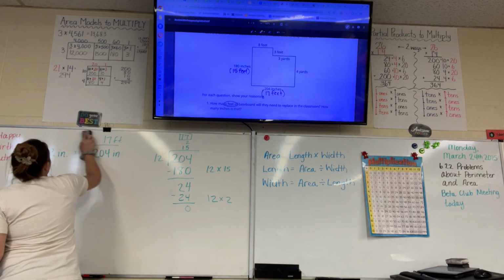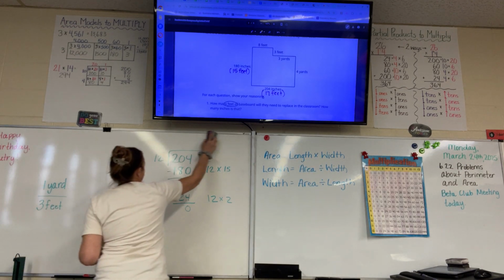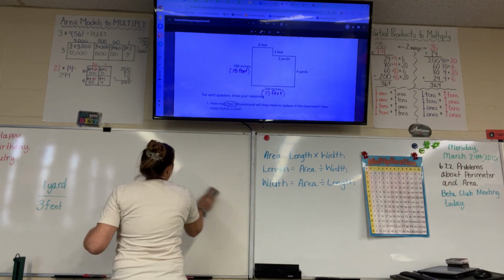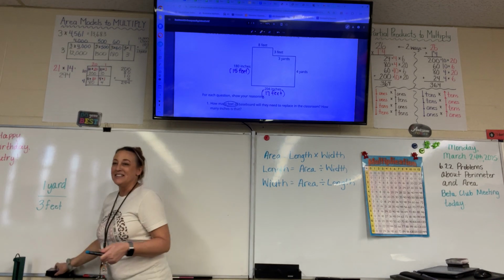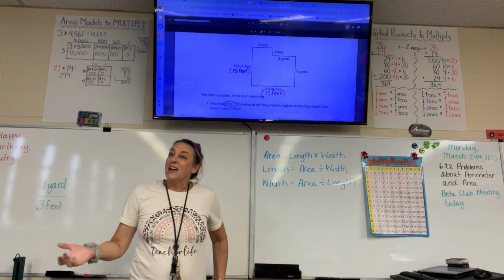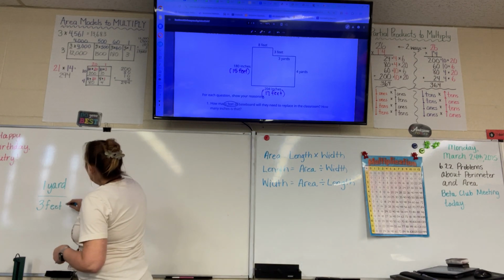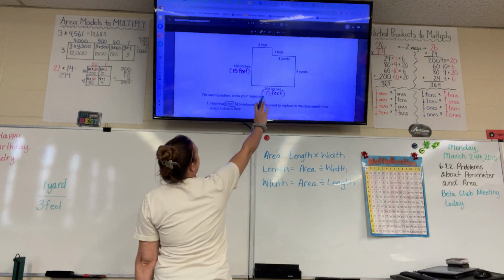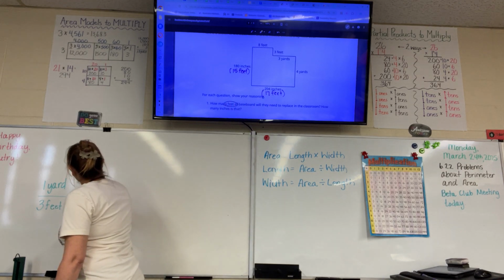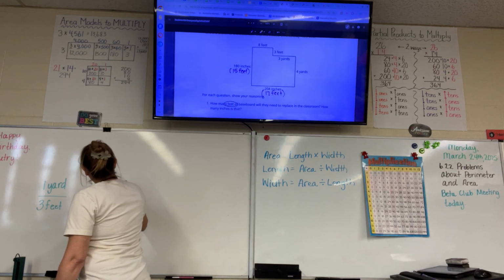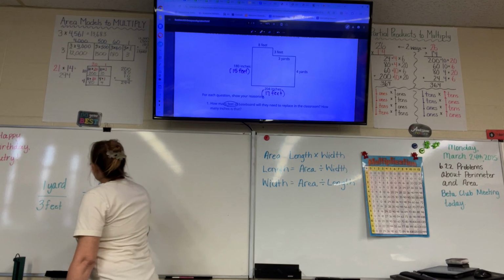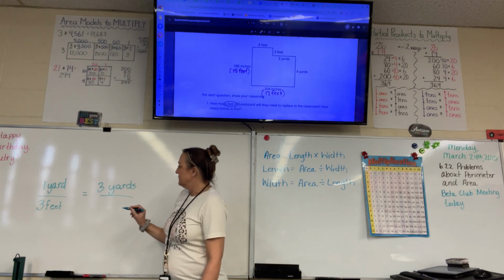Now we have to turn the yards into feet. And turning yards into feet, I think, is easier because we have to multiply instead of divide. So 1 yard is 3 feet. We have 3 yards. And what do you multiply 1 times to get 3? 3.